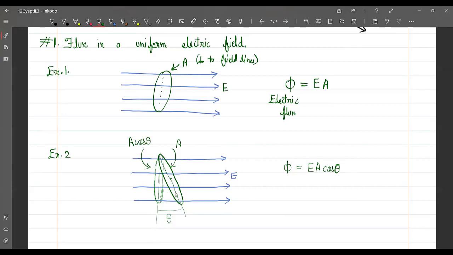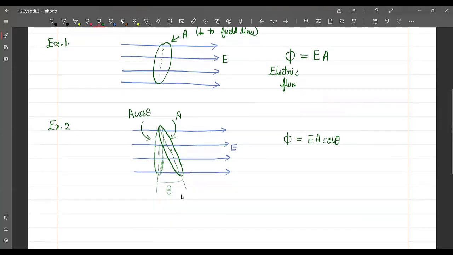Now we don't want this concept of taking the projection of area, so it is simplified by another concept, by defining the area vector. So what is area vector?